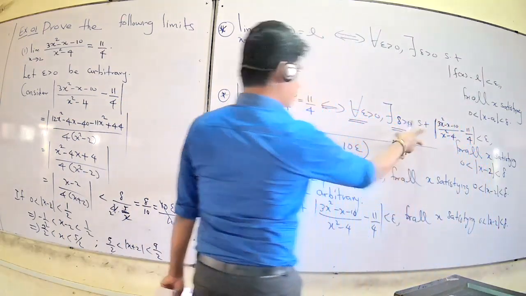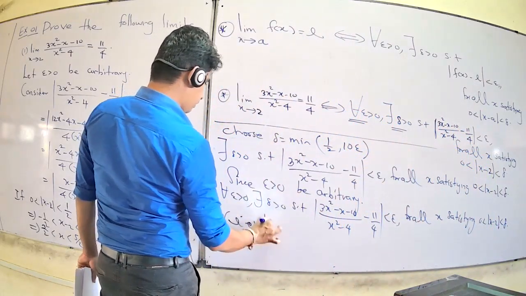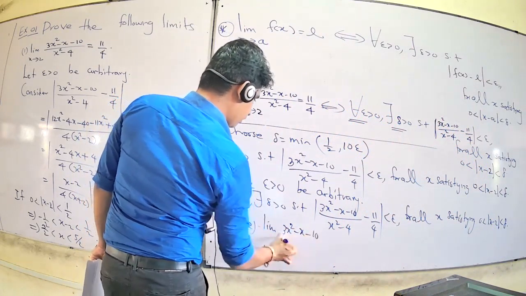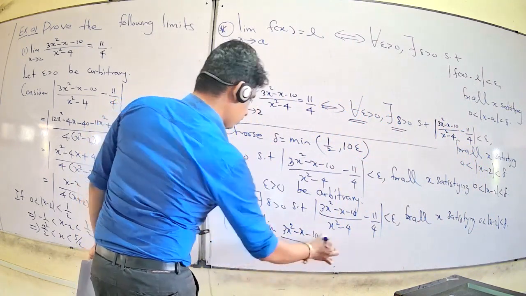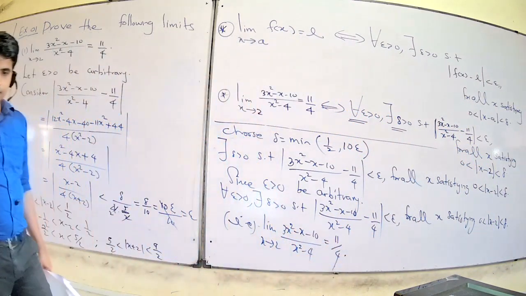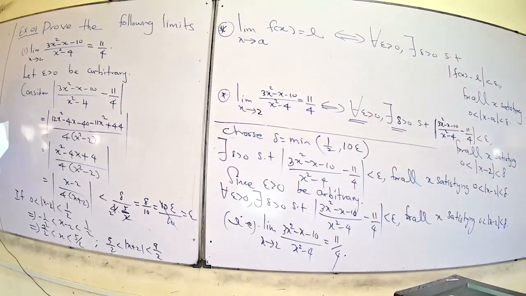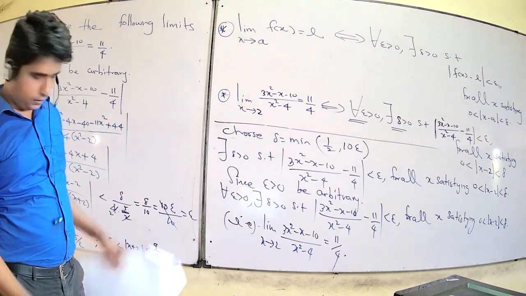Therefore, we prove this condition, and the limit exists. That means the limit of (3x squared minus x minus 10) over (x squared minus 4) as x tends to 2 equals 11 over 4. Therefore, this limit equals 11 over 4. It's okay? Right? This limit equals 11 over 4, right?